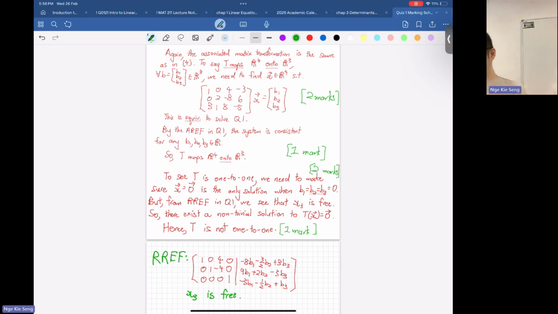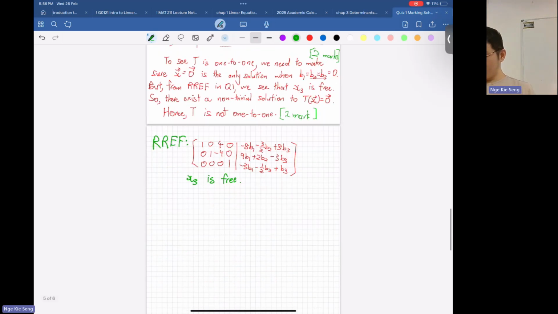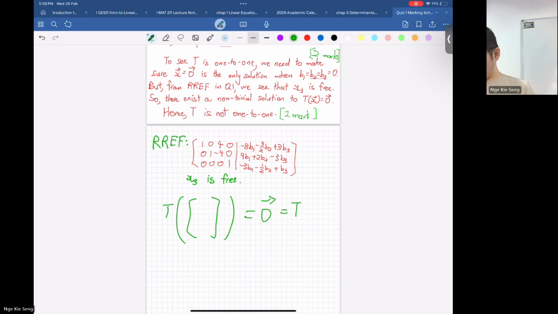Who did this? Can you tell me what's the other vector that sends to 0? What's the non-zero vector that gets sent to 0? Who did this method?